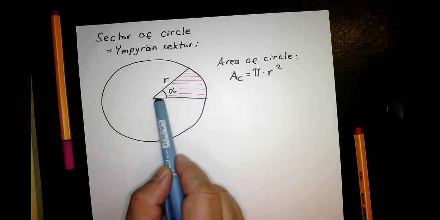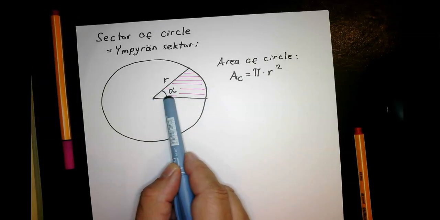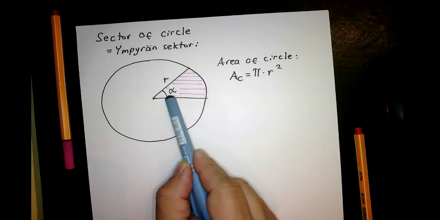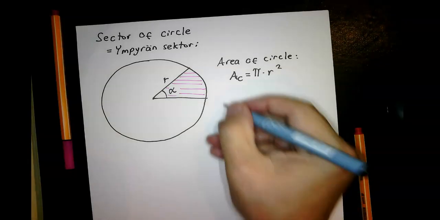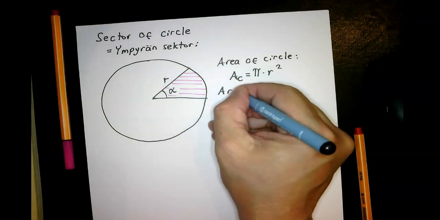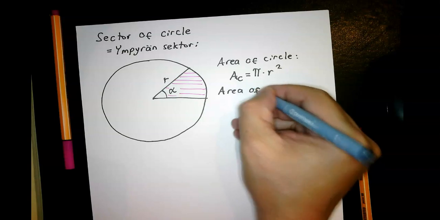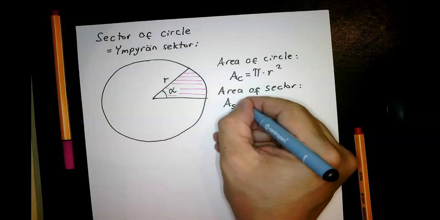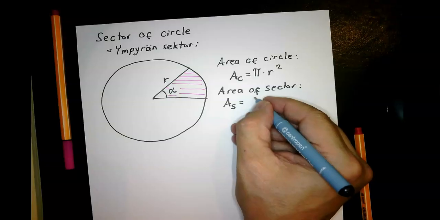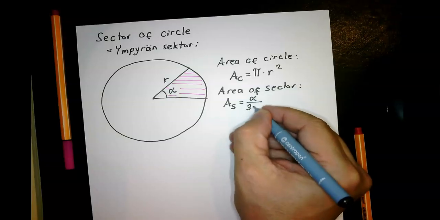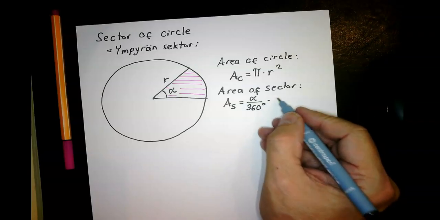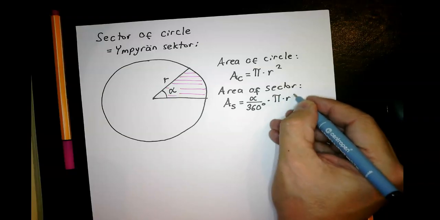If we have this angle here, it may be whatever, and if the total circle equals 360 degrees, so we may calculate the area of sector. It equals alpha divided by 360 degrees times area of circle, pi times r squared.